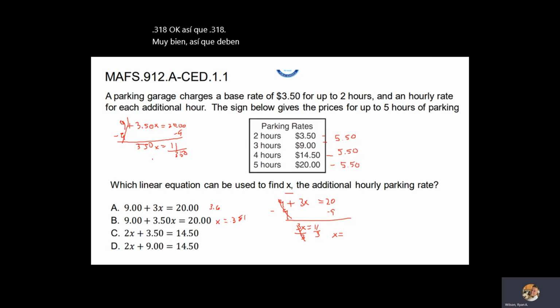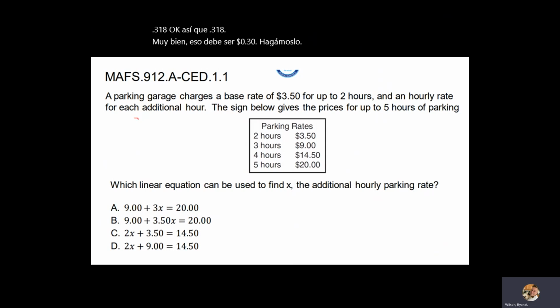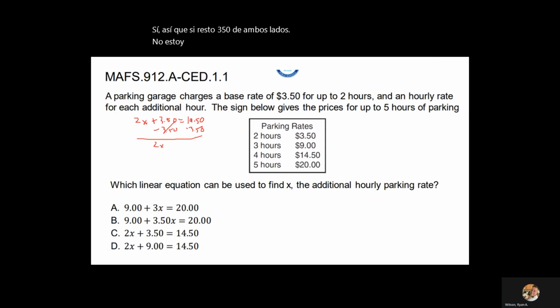Let's do C. We're going to put it right here. 2x plus 350. I'm just solving for x for each one of these problems to get the answer. So what am I going to move here? Yep. So if I subtract 350 from both sides, I'm left with 2x on the left.